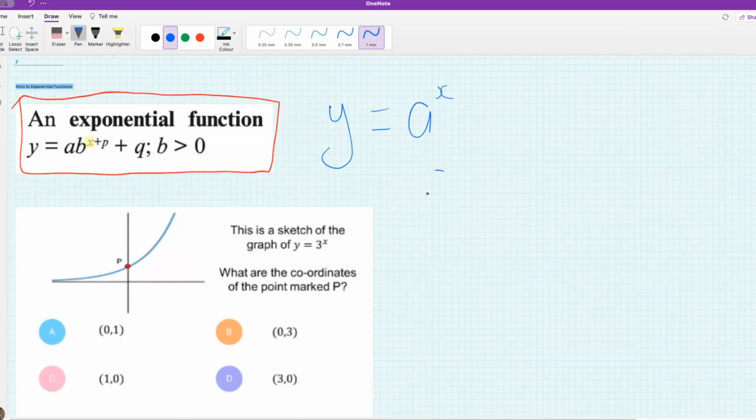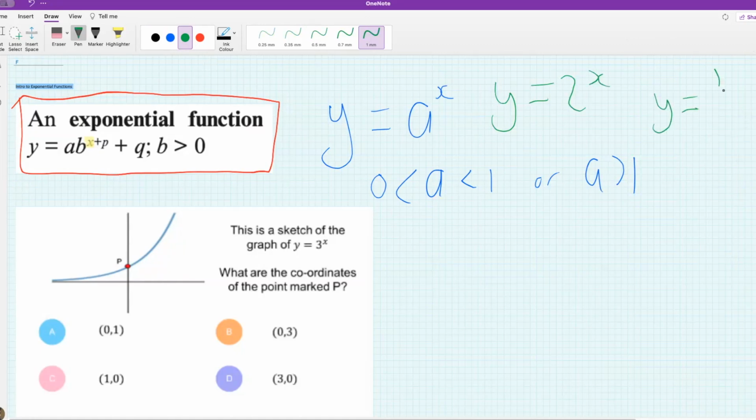And we often say that a must be basically greater than 0 and less than 1, or a is greater than 1. So there's a restriction on what number the a can be. So an example would be like, here's some basic exponentials. So like y equals 2 to the x, or we could have y equals 1/3 to the power of x.